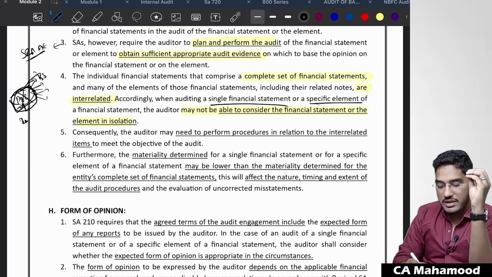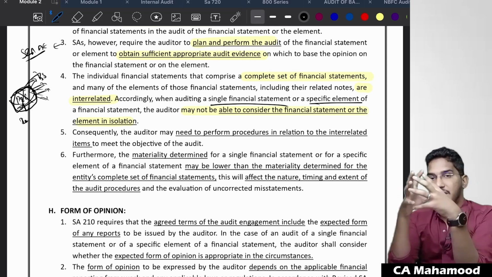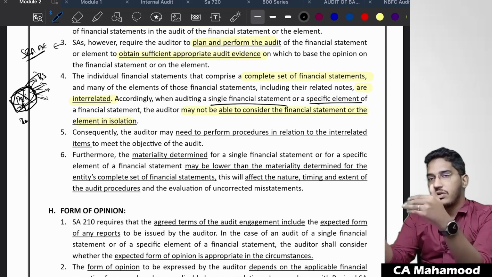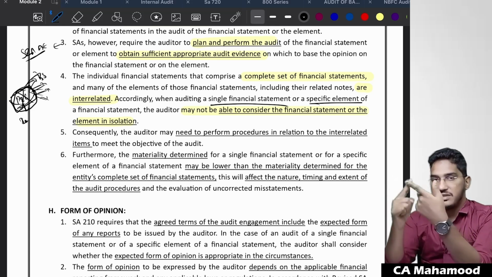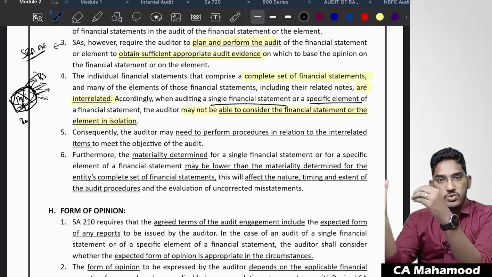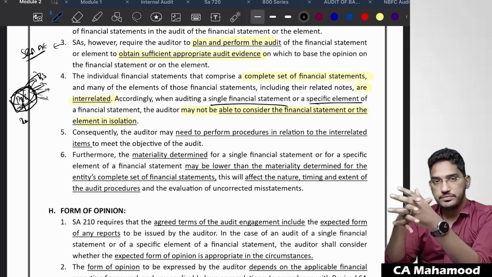Sometimes you need to study its relationship with other items of the financial statements also. Why? Because all the elements, all the items of the financial statements are interrelated. Even though you are called upon to conduct the audit of only one single item or one specific element, it will have a relationship with other items also. You have to do the audit after considering that relationship with other items also.